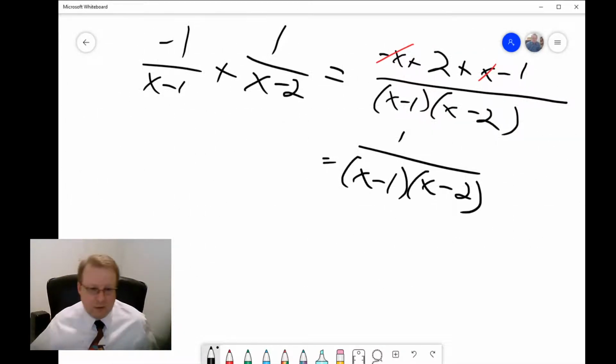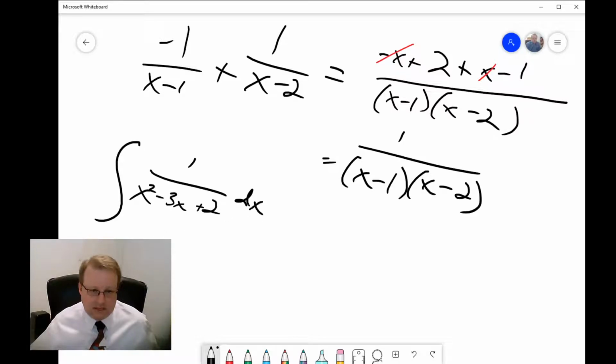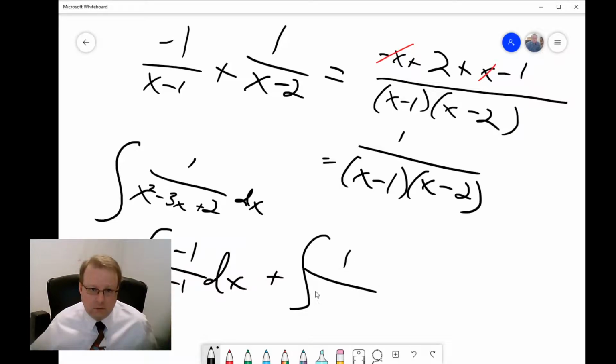Which means the integral of 1 over x squared minus 3x plus 2 dx is going to be the integral of negative 1 over x minus 1 dx plus the integral of 1 over x minus 2 dx.